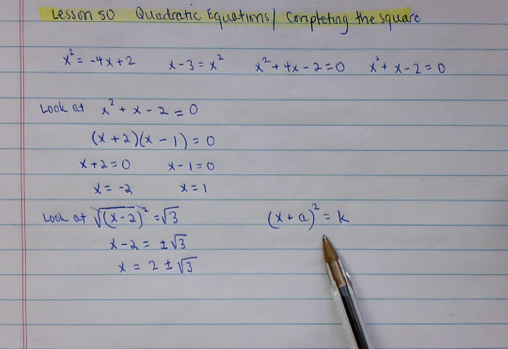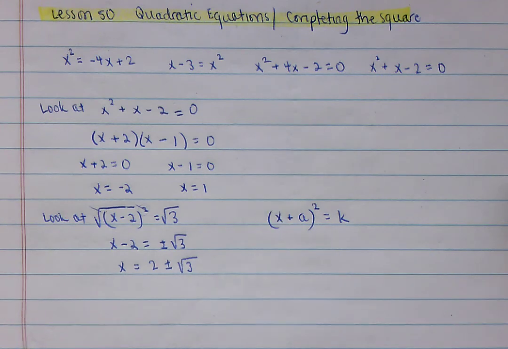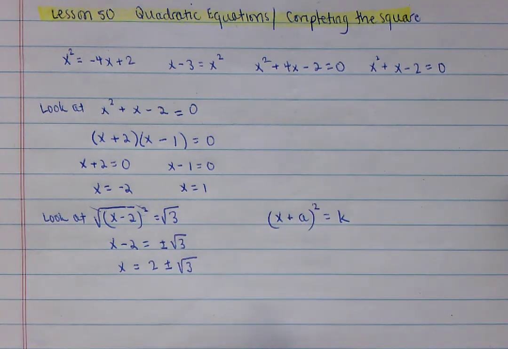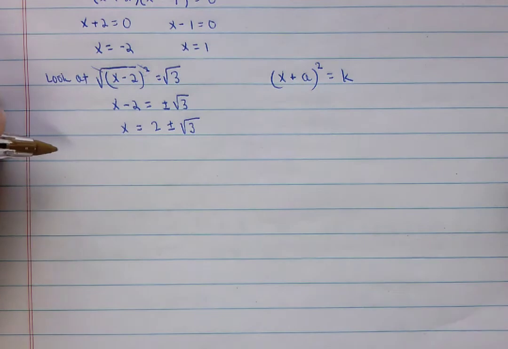Now, this is one of the ways to solve it. We're going to complete the square to solve it. You could also use the quadratic formula as well. So in this lesson, again, we're going to do completing the square. So that's what this is all about.